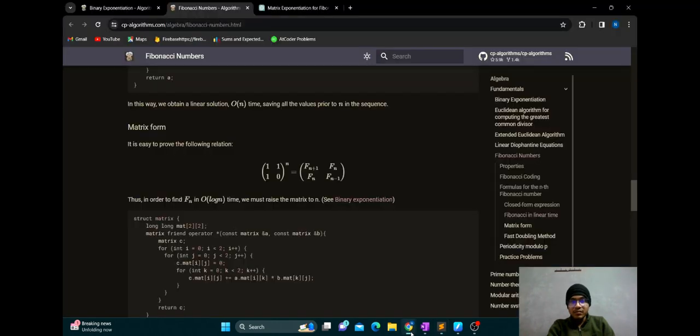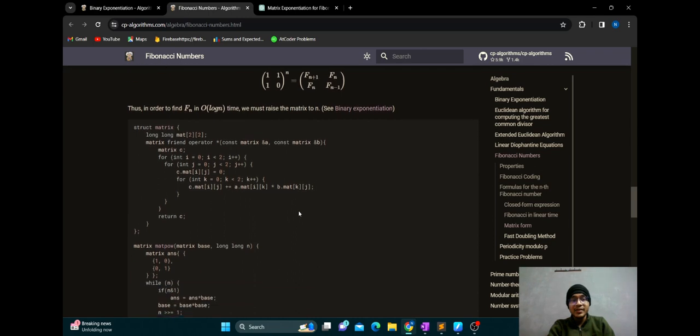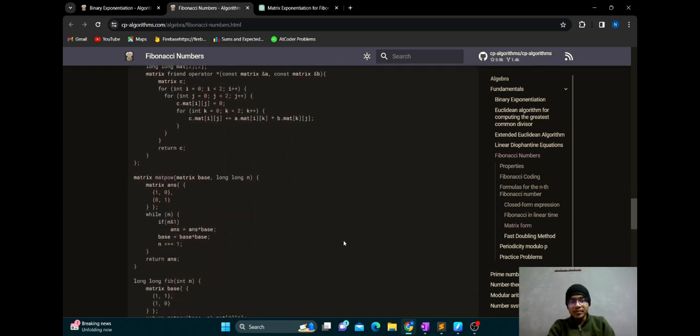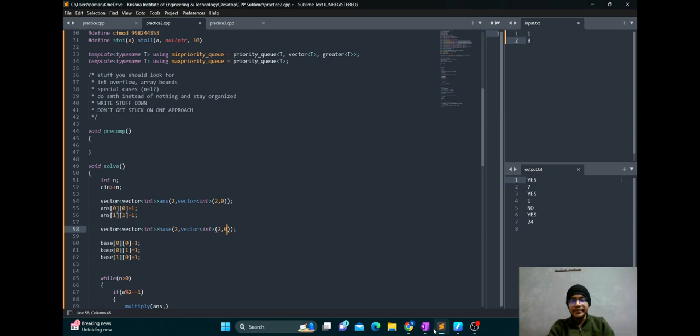Yes, we have made the identity and we have made the base matrix. So what we have to do: if n is odd, then answer equal to answer into base, else we have to multiply the base by itself.